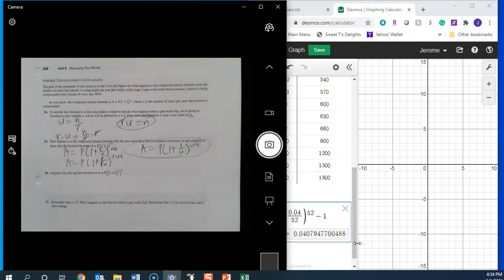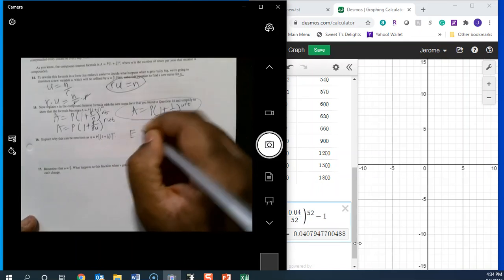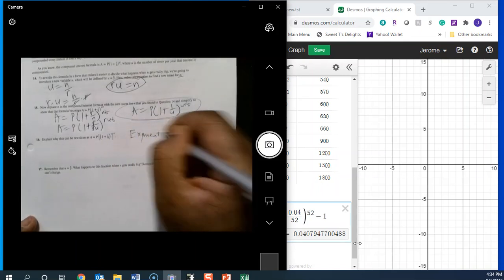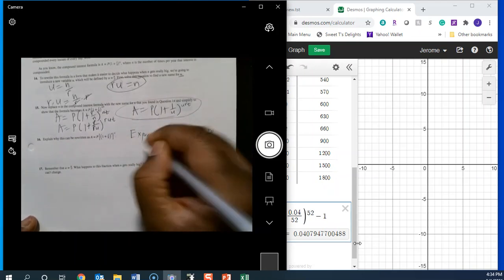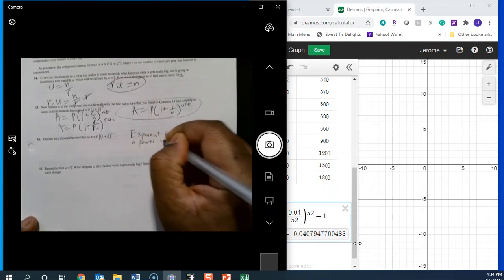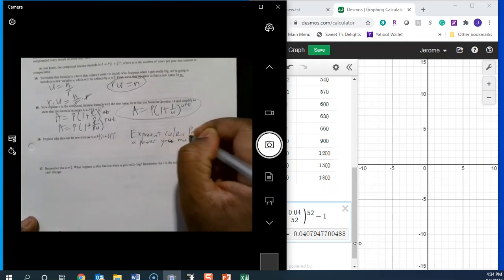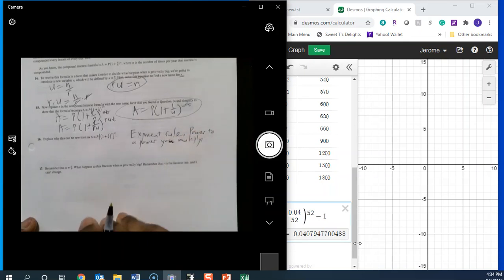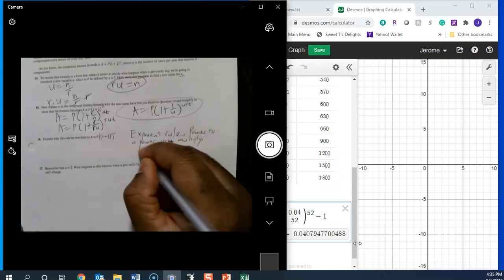Now it says, explain why this can be rewritten as A equals P times the bracket 1 plus 1 over u to the u, outside of the bracket RT. And that is because of the exponent rule: power to a power, you multiply the powers.